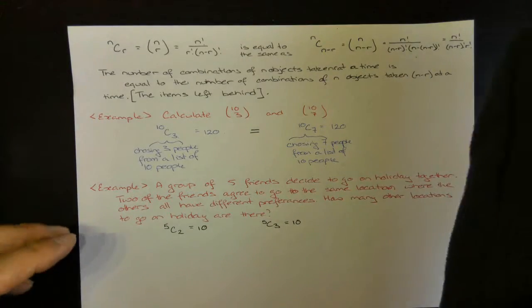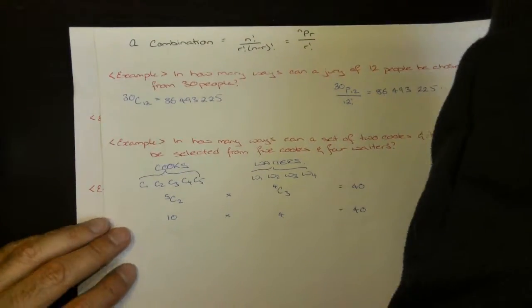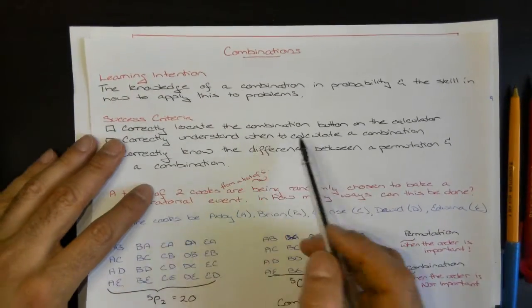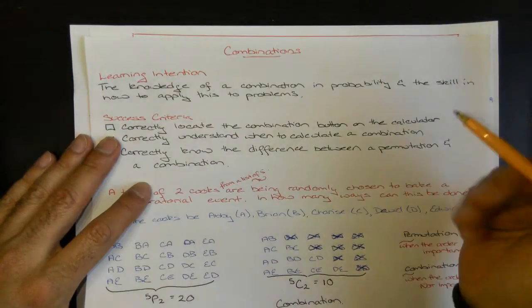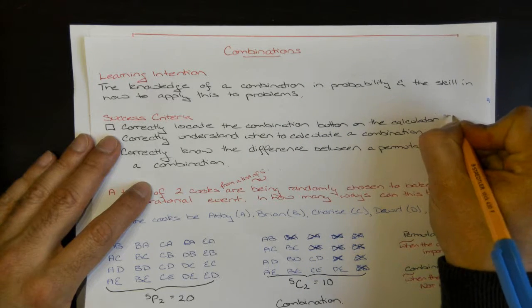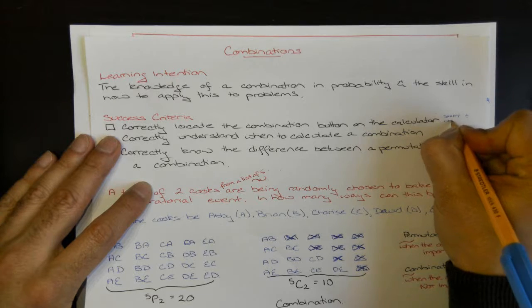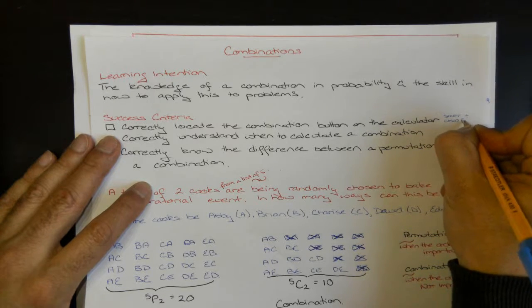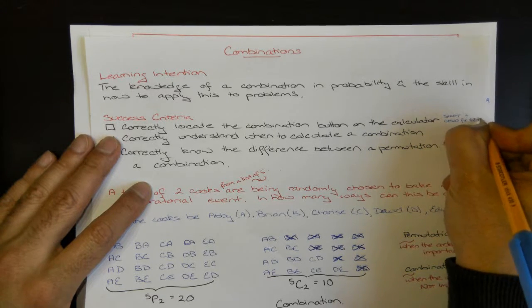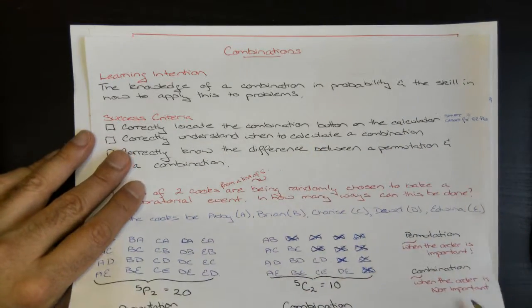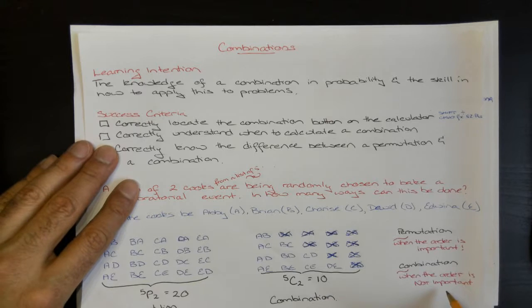Okay. So if we look at our success criteria, can we correctly locate the combination button on the calculator? Well, that would be Shift Divide on the Casio FX82 Plus. Understand when to calculate combinations: combinations when order is not important.